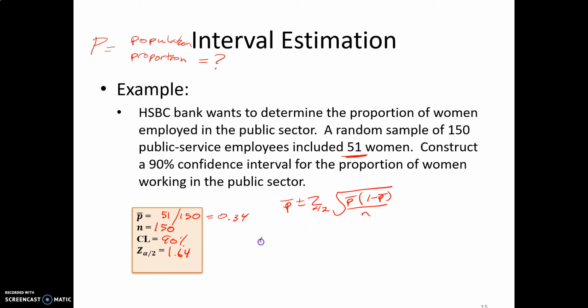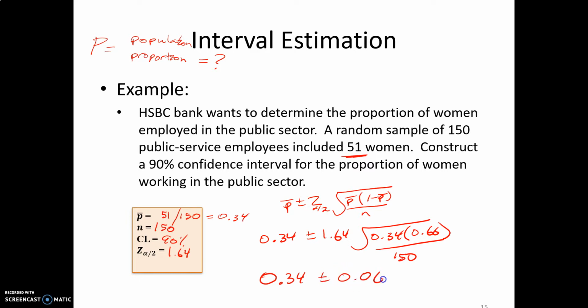So this value here is 34%. We're going to use it as a decimal, plus or minus 1.64, and then the square root of 0.34 times 1 minus 0.34, let's just put that in there, 0.66, divided by 150. So we do this multiplication and process, we get 0.34 plus or minus 0.06. Or if we want, we can change that to a percent, 34% plus or minus 6%.